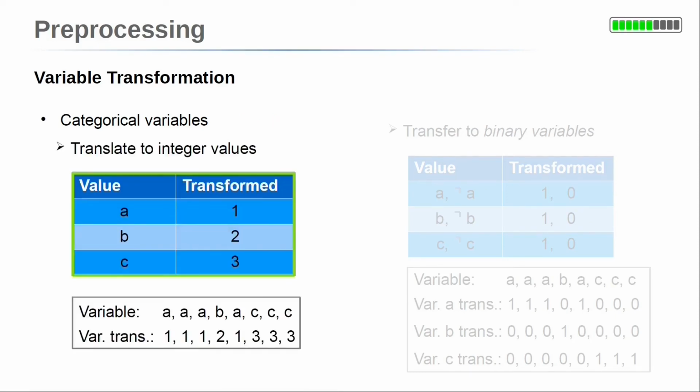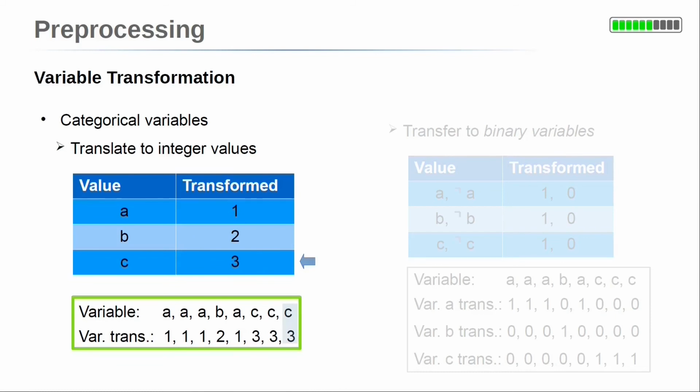If we have more categories like A, B and C, we could use a 1 for A, a 2 for B and a 3 for C. For example, the measurements A, A, A, B, A, C, C, C will then transfer to 1, 1, 1, 2, 1, 3, 3, 3.